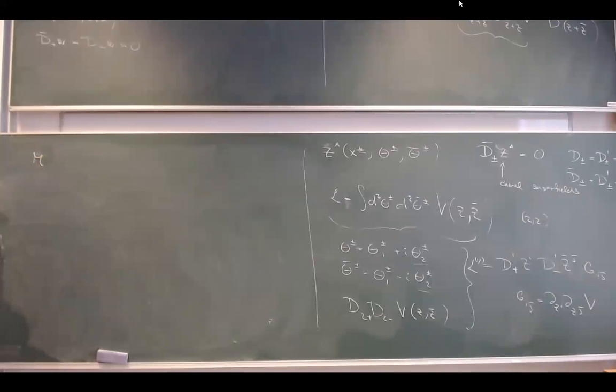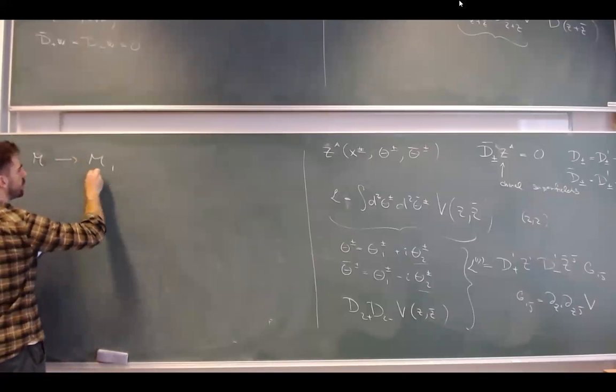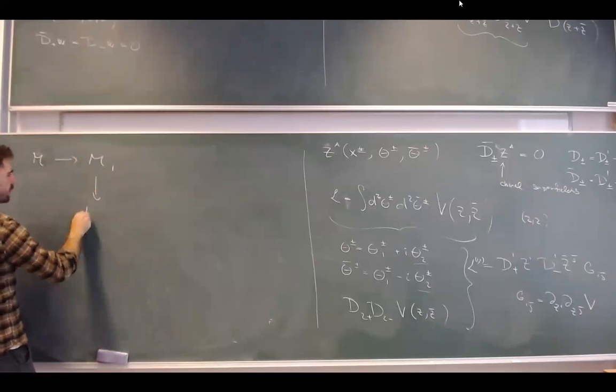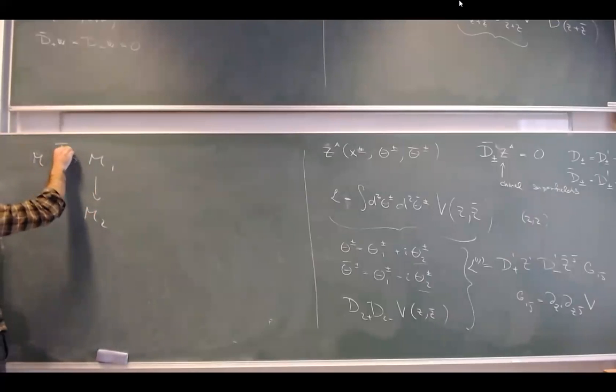In particular, in this model, there will be 2 isometric directions, so I can perform T-duality twice, and I can perform it consecutively. So I would obtain maybe first one, and then from that, there will be another T-duality.